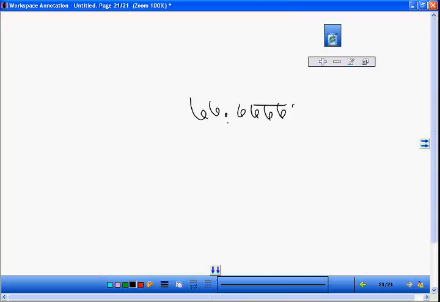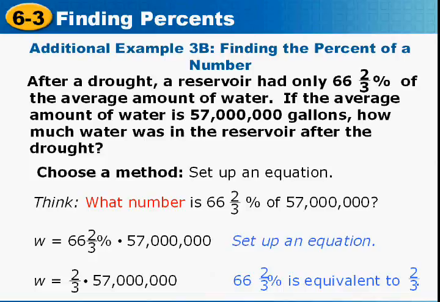I'm going to move the decimal, because this is a percent, 2 places left, leaving me with 0.66666, repeating, which is 2/3. So that's why in your example here you end up multiplying by 2/3, because it is 2/3.